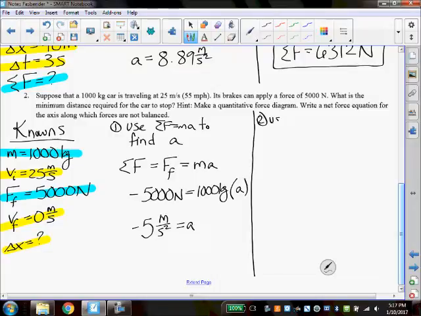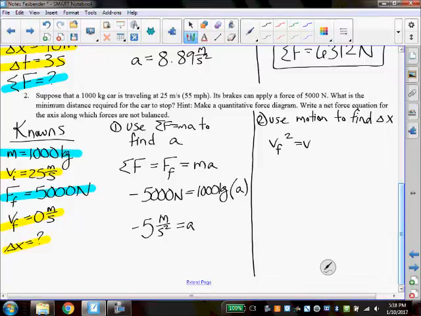Now we are going to use motion to find our delta X. So for motion, we have VI, VF, delta X, and acceleration. So we have to think which one of our motion equations has those 4 quantities in it.